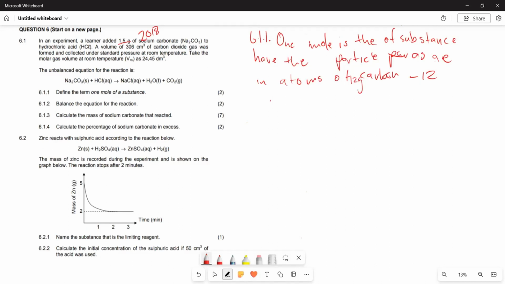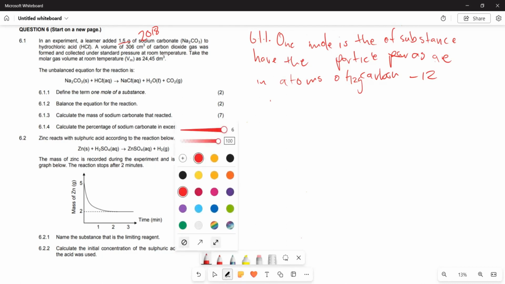So please ensure that whenever they require you to do a definition, you check the one in your exam guideline, because that's the one that is mostly preferable. Please be in a position that you use the one in your exam guideline.